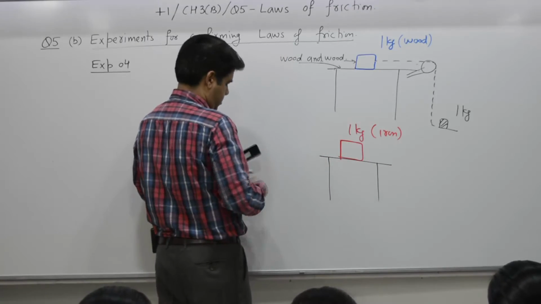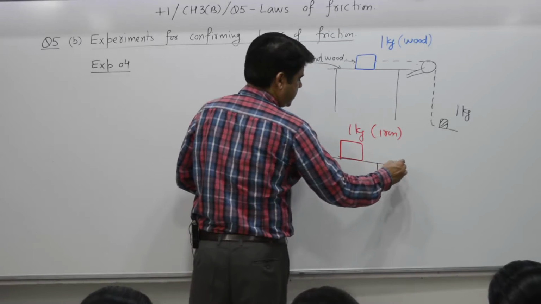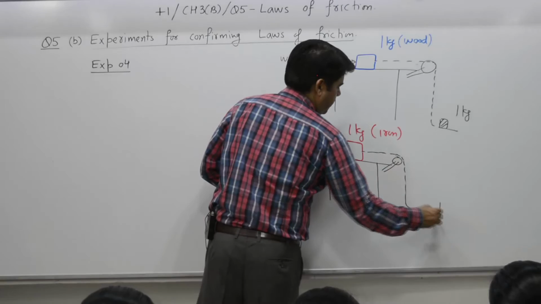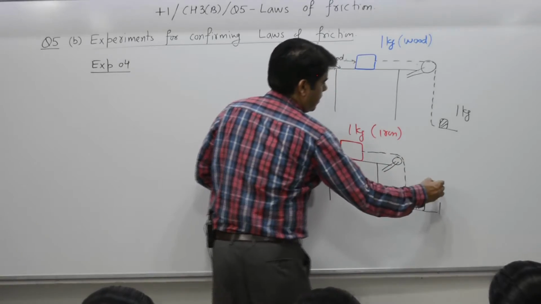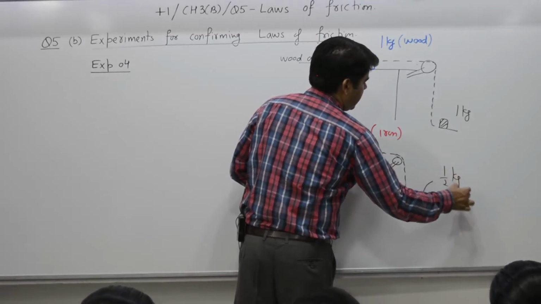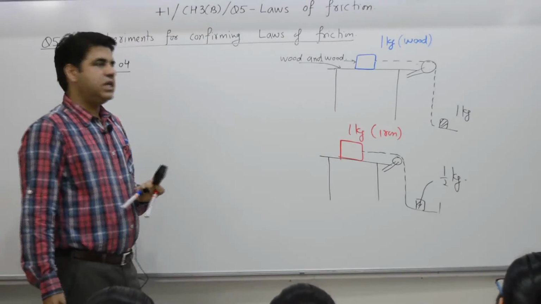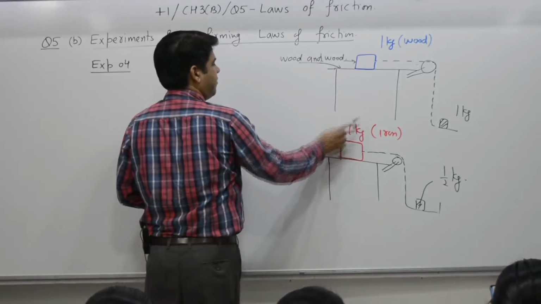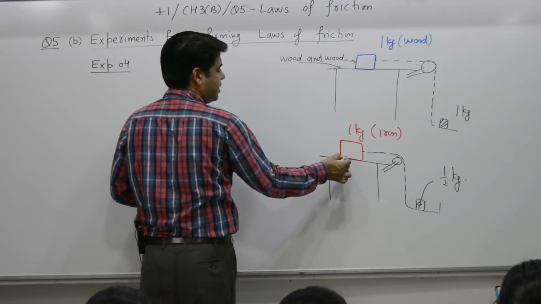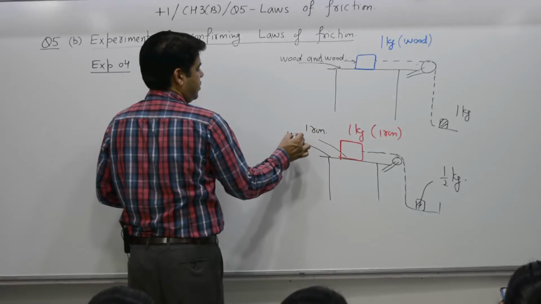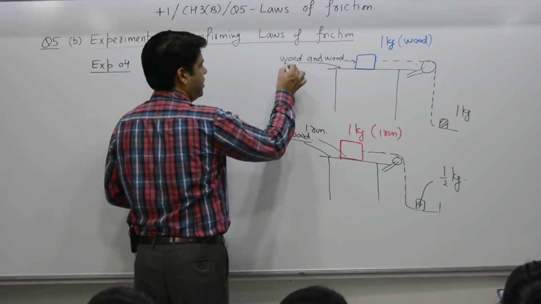And when you perform this experiment, the observation is it moves at half kg. What is the change? Mass same, weight same, everything same, but now it is iron and wood.